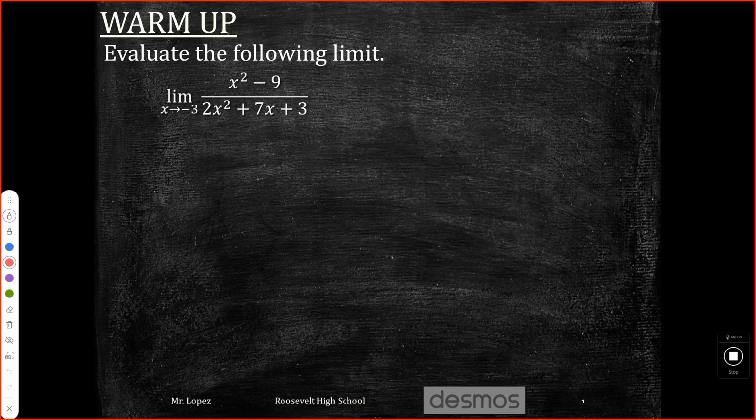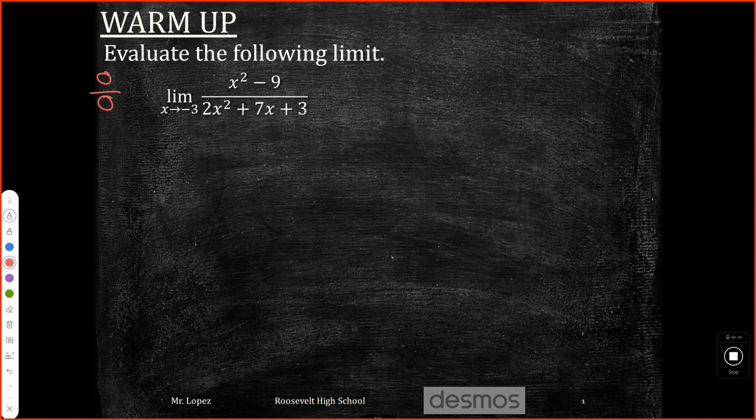On top, you plug in -3 for x, you will get -3 squared is 9, 9 minus 9, you will get a 0 over. And if you plug it in at the bottom, you will also get 0. So this is an indeterminate form. So we have to use something else in order to find this limit without graphing it.